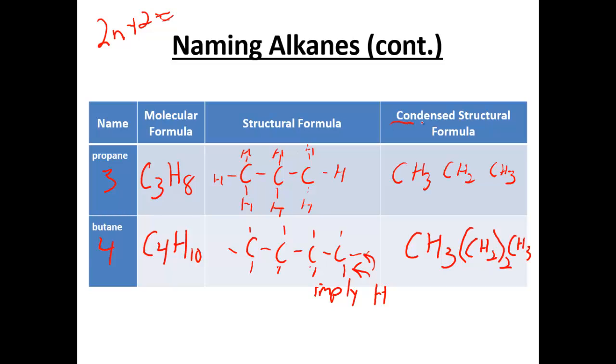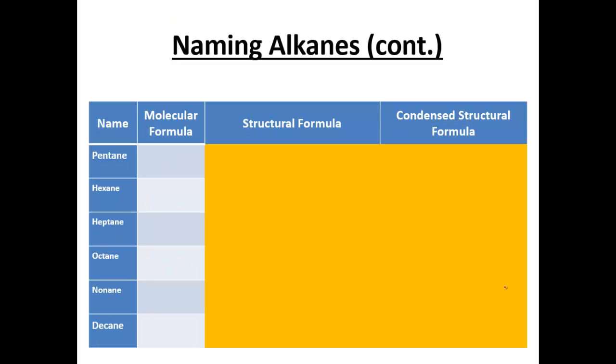So this is where the condensed structure takes off, is from here we're just going to keep adding more to that middle chain. As we'd continue along, pentane would be 5, 6, 8, 9, 10, and then our molecular formula, C5H12, remember it's 2N plus 2.